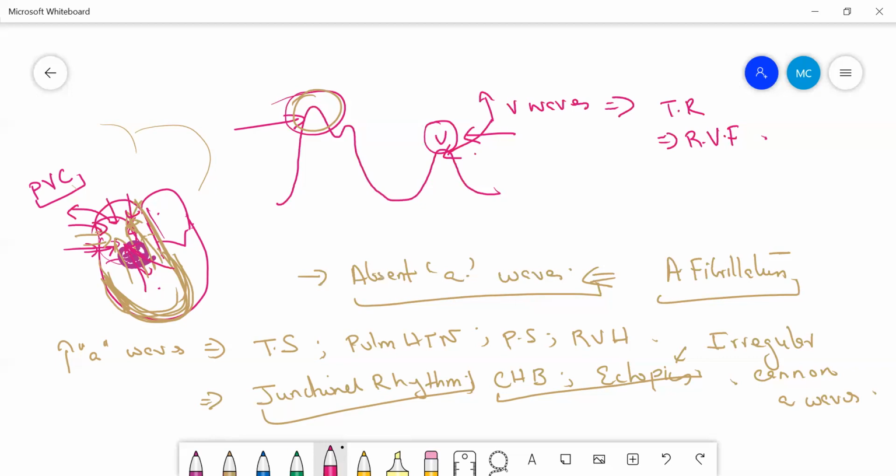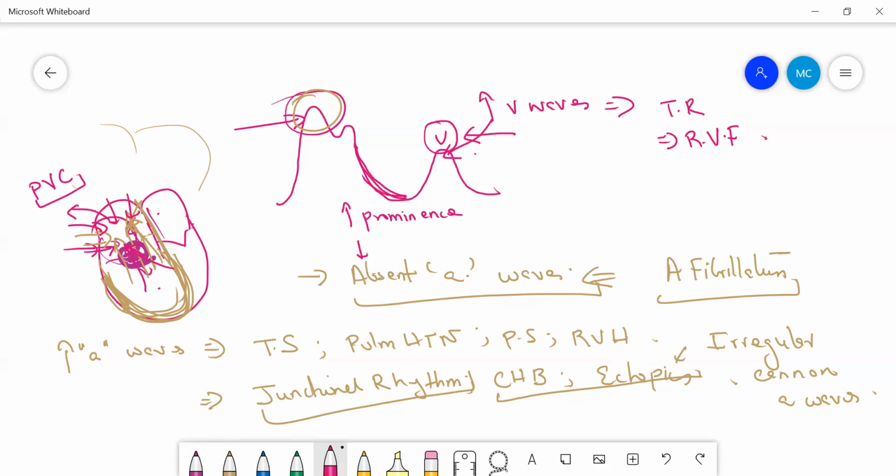Then come to the abnormalities of the X descent. Again, what is the reason for this X descent? It is mainly because of atrial relaxation. There are two abnormalities: increased prominence of the X wave and decreased prominence of the X wave.